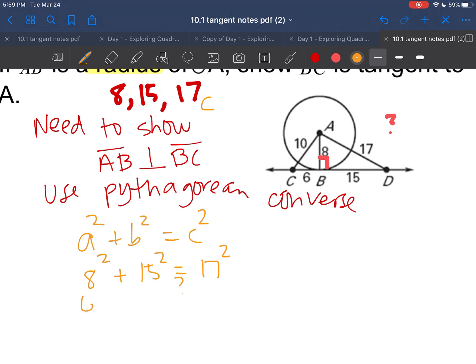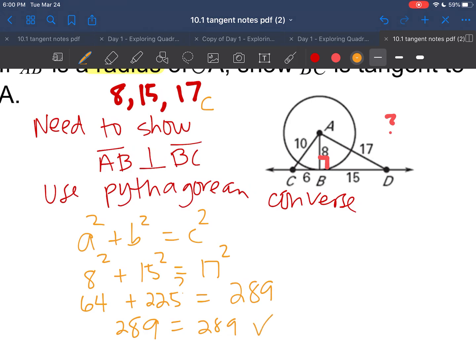When you run through this, you're doing 64 plus 225. 17 squared is 289. So 64 plus 225 is 289, yes, it equals 289.